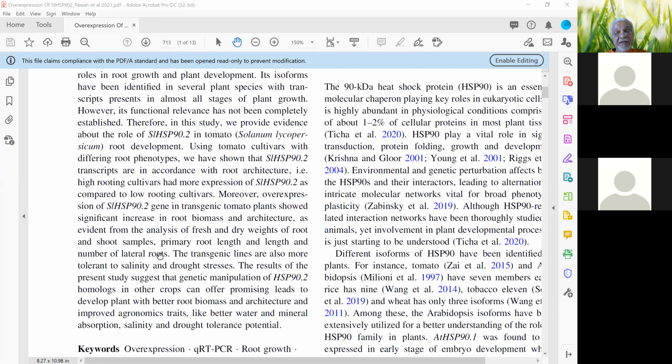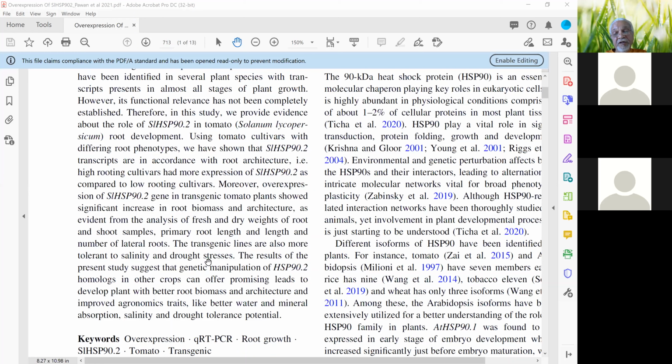You know, the transgenic lines are also more tolerant to salinity and drought stress. Now, see, this is what has been done, and so towards the end, one has to write what new things we are proposing.